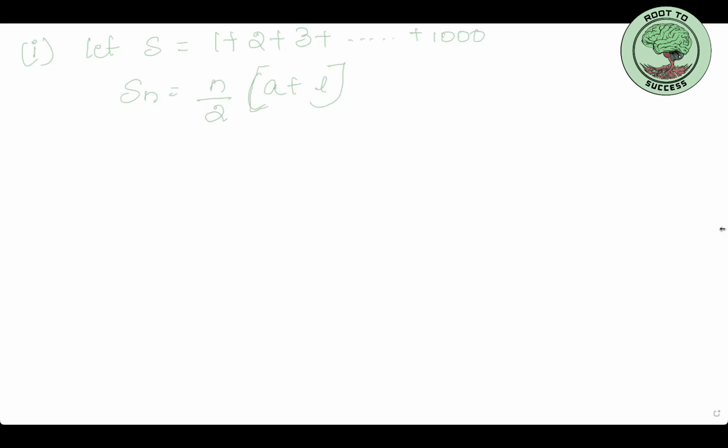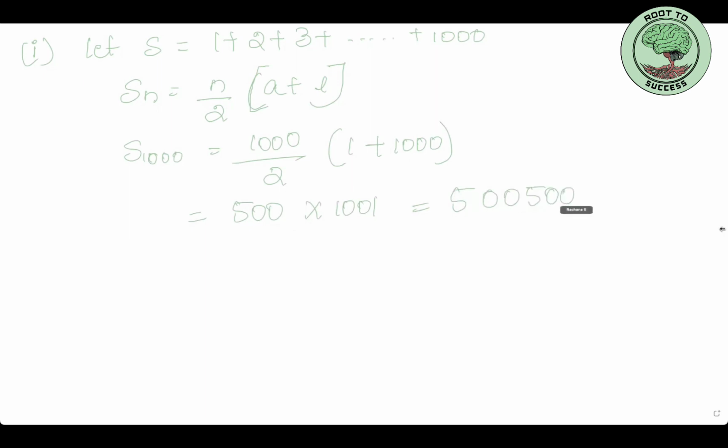So we have S1000 is equal to 1000 divided by 2, and a will be 1 plus L will be 1000, which is 500 into 1001, which is 500500.